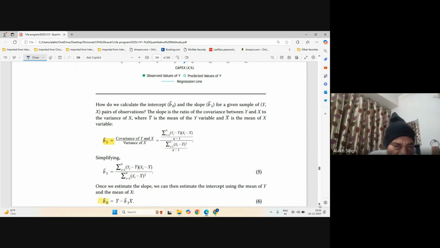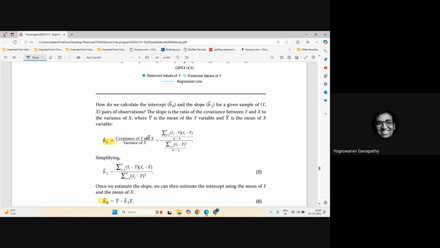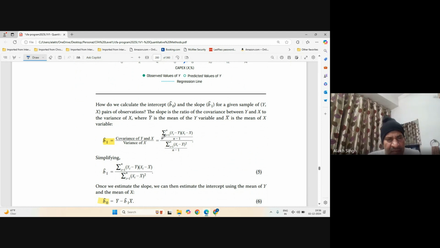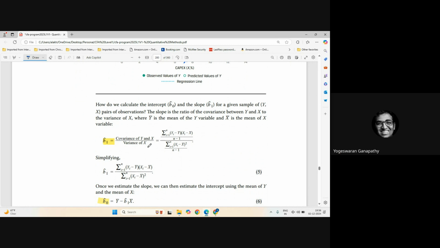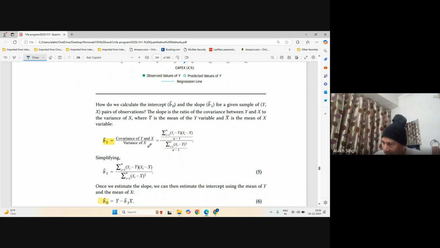So B1, how do we calculate the B1 hat, the slope of the regression line? Covariance of xy by variance of x. That is the beta. We had discussed it. But sir, what is the difference between correlation and beta?